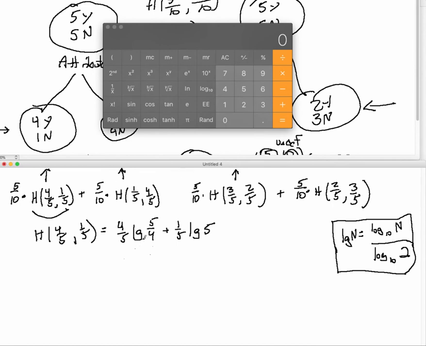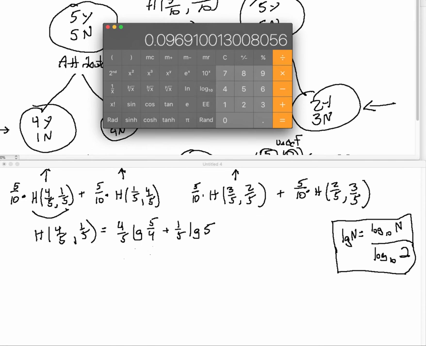So I'm going to come over here and go, let's see, 5 divided by 4 is 1.25, and I'm going to take log base 10 of that and divide it by log base 10 of 2. I did that a little too fast, and I'm not happy with that, so hang on a second. 1.25, take log base 10 of that, put that into memory.